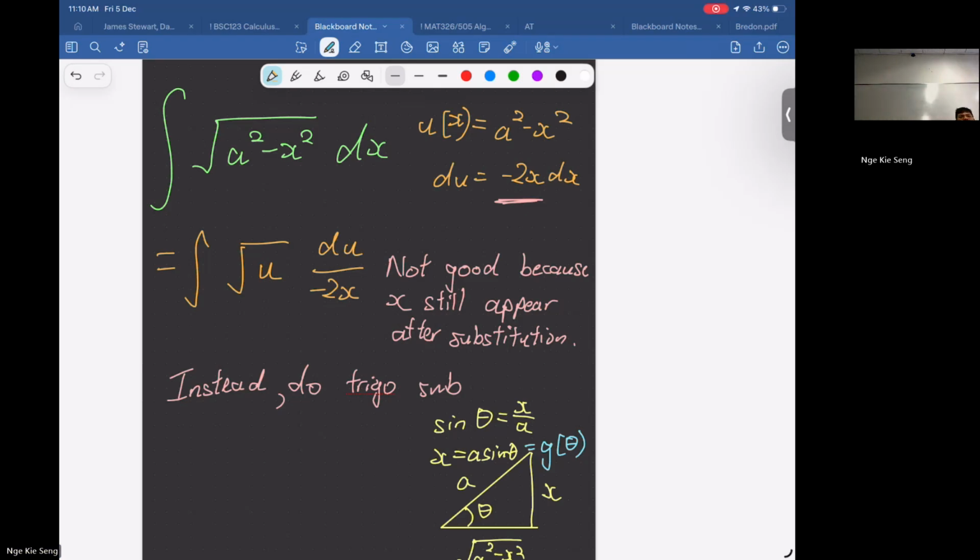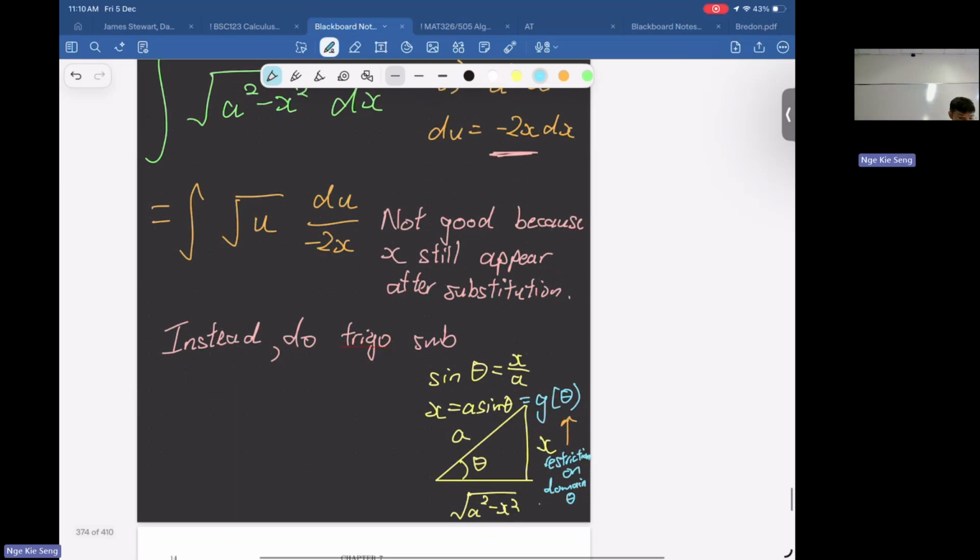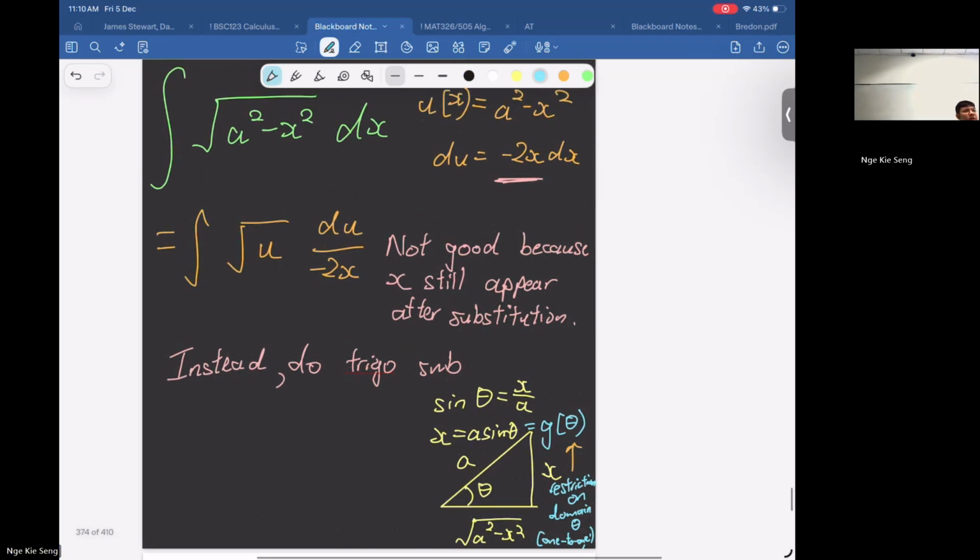Okay or not? So that's why there's a restriction on your domain here. Or make sure it is 1-to-1. Okay, 1-to-1 is important, because sine theta is periodic. So there are several x values that can send to the same value of y.